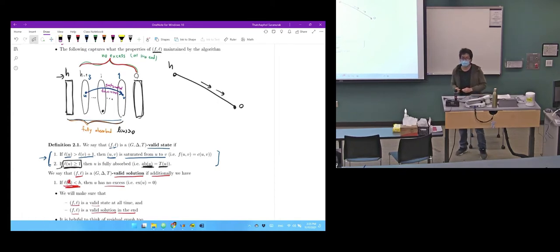Question? Then there shouldn't be any nodes at level H, right, in the end? If you get a feasible flow that satisfies the source demand, then there is no node in H. But it can actually happen that there is still some node in H with excess.